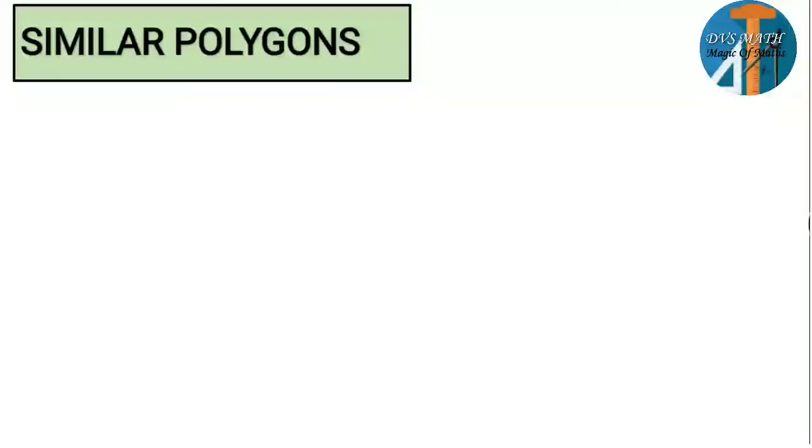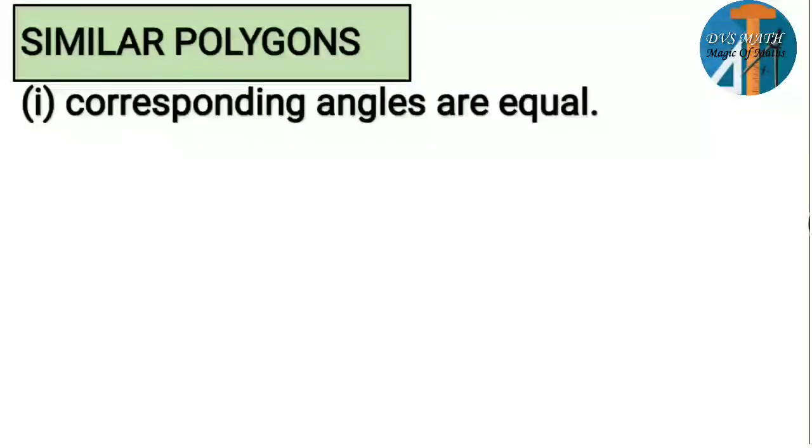The main criteria for similar polygons: we have two conditions. The first is that corresponding angles are equal. If we consider a triangle, it has 3 angles, and a quadrilateral has 4 angles. For two quadrilaterals or two polygons, their corresponding angles are equal.